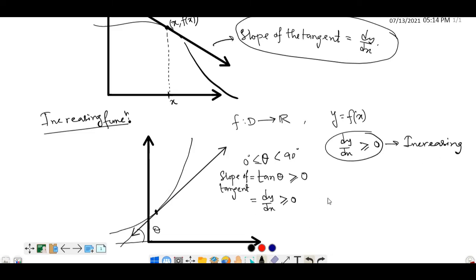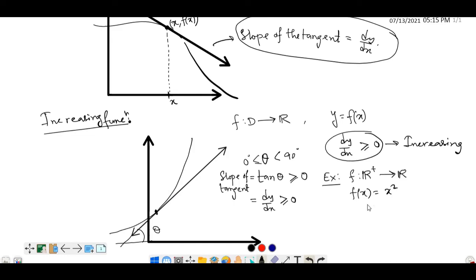So let us come to the previous examples. One of the examples we took previously was f from R to R, f(x) equal to x square. I think we took this one also as R plus, because we considered the positive part.